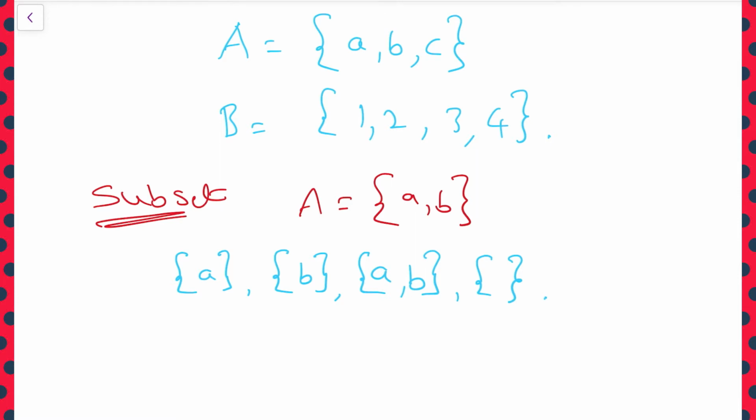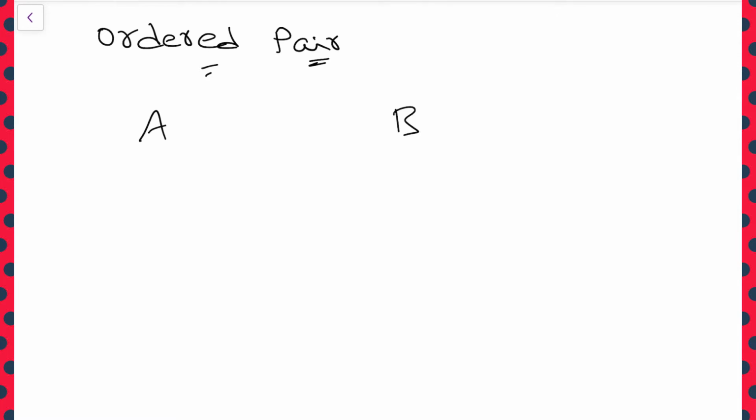Next, we need to know about the ordered pair. What is an ordered pair? For example, we have two sets, set A and set B. From set A, I will take an element, some a.